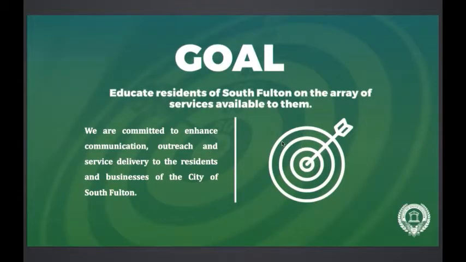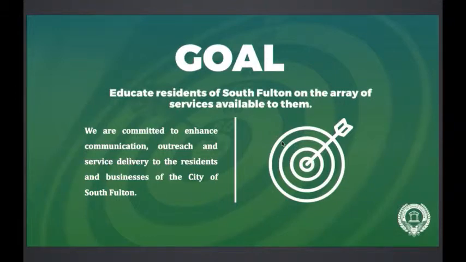This is an excellent opportunity for us to further connect with our residents, leveraging technology and ensure that the appropriate information is getting to our residents in real time. The ultimate goal of this webinar series is really just to educate our residents and ensure that everyone understands the array of services that are available to them.